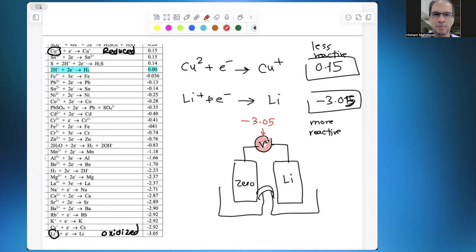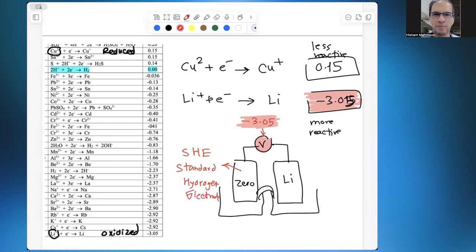Because the substance in front of it is zero. So what is this substance that is zero? What do we call it? We call it the standard hydrogen electrode. So the electrode which is made from only hydrogen, the standard hydrogen electrode, what is its value? Its value is zero.